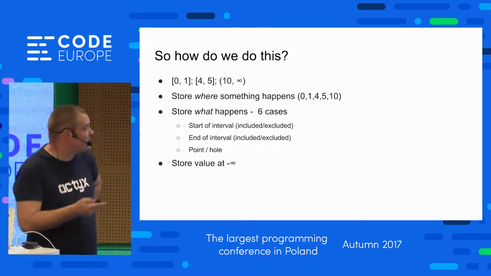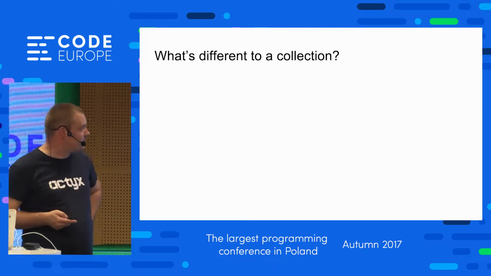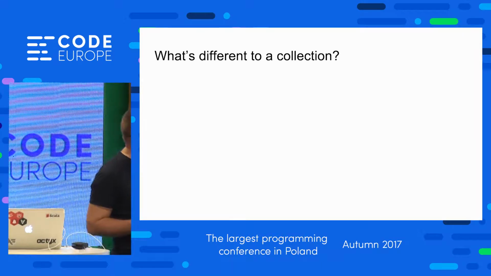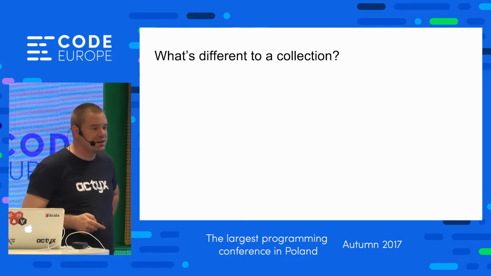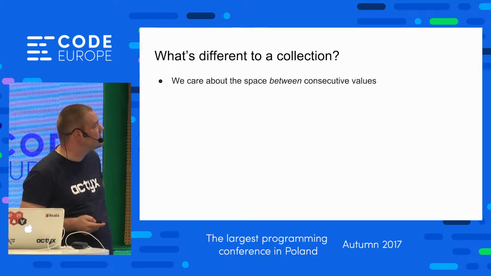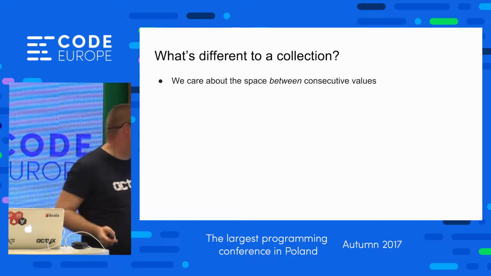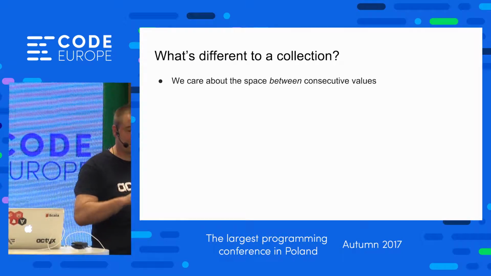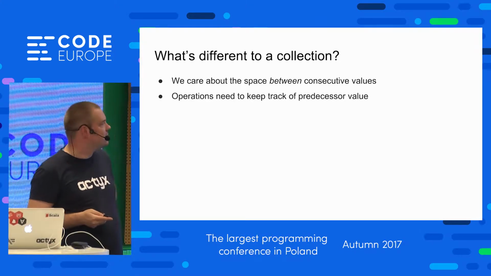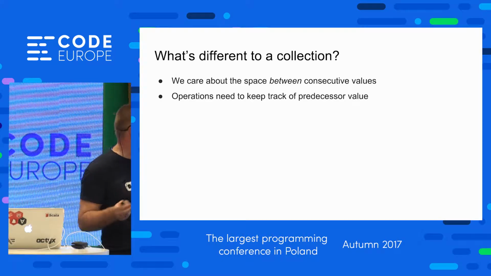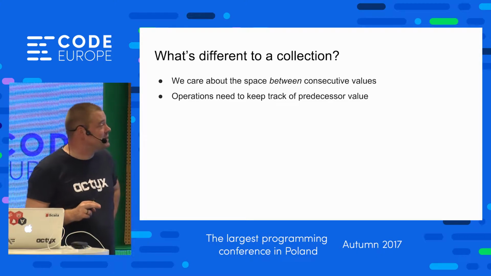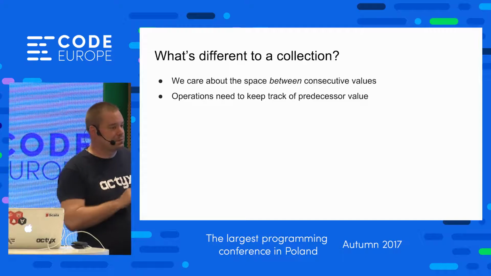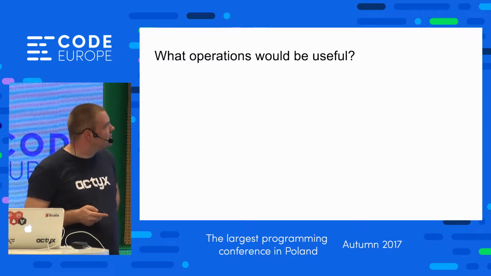And that's all there is to it. One thing that's maybe interesting: this is kind of like a collection of values, but it is not exactly the same, because we care not about the values themselves, but about the spaces between the values. And that means that operations most of the time need to keep track of the predecessor value. That's one difference to collections.